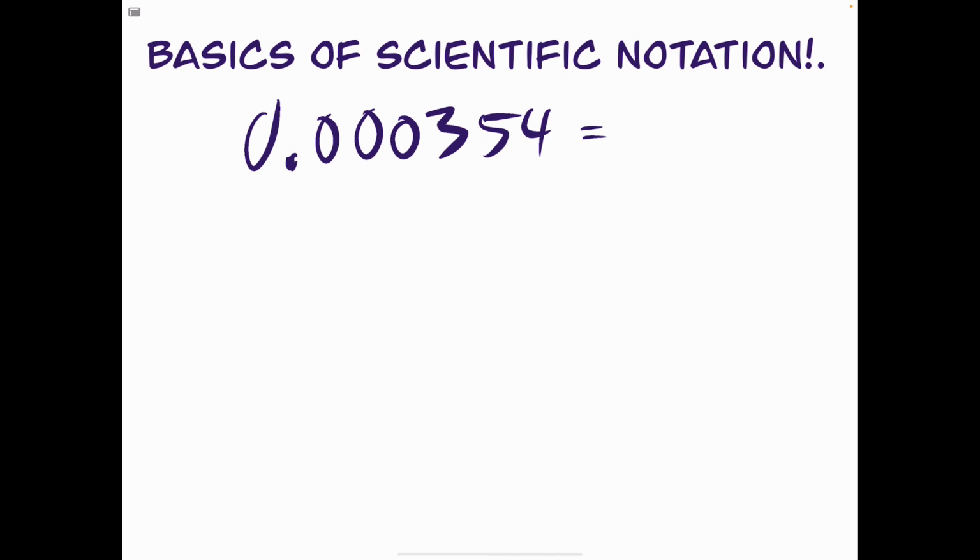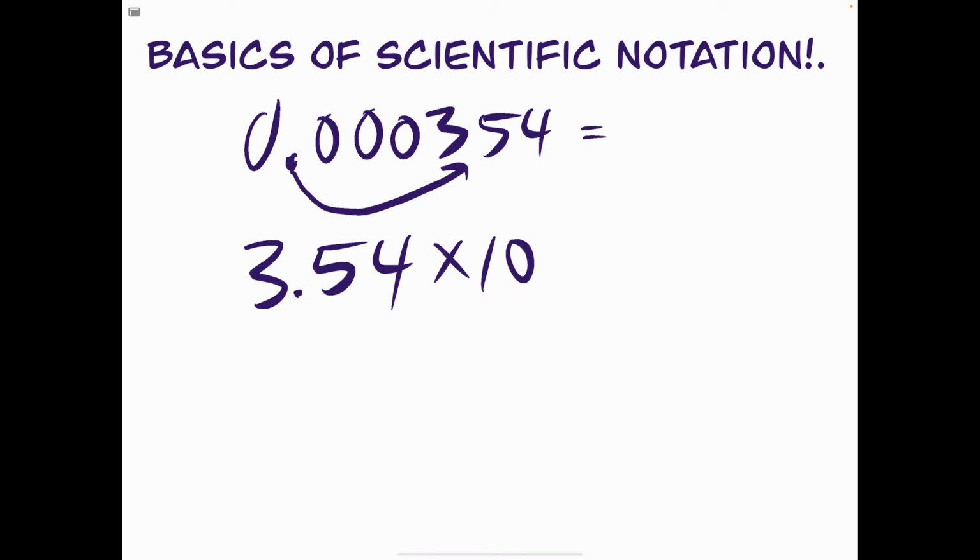Okay, next example, 0.000354. This is a very small number, and we want to get that into scientific notation. So we need to get a number between 1 and 10. We need to get that decimal point in between the 3 and the 5. So 3.54.